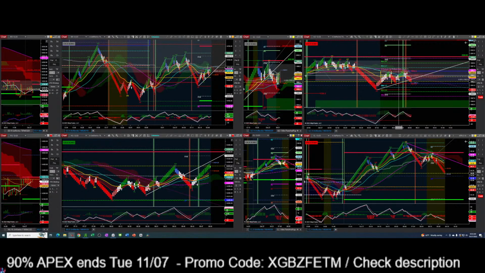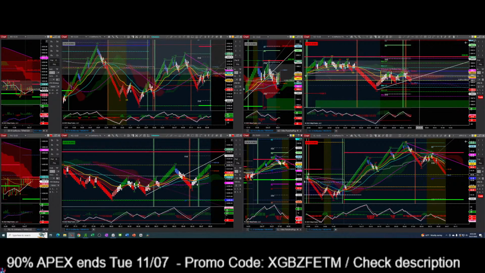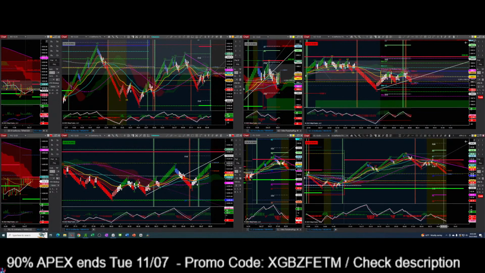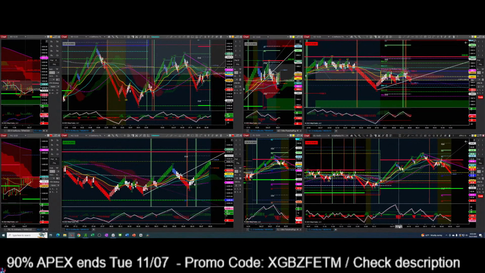Look at how gold is moving sideways here. Crude coming back down. And this is before the market opens at 9 a.m. So in the 240 minutes, there's a trigger to the downside, but it's ranging from here.